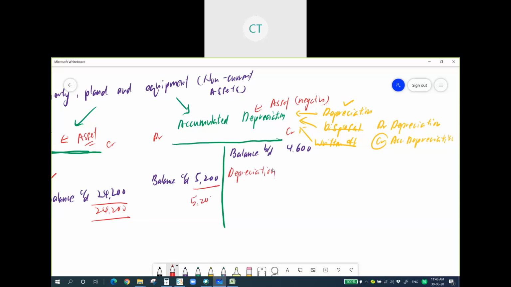The balancing amount is 600. Thank you. And this 600, we are going to show in our operating activities in the cash flow statement. Under which category? Non-cash transaction.